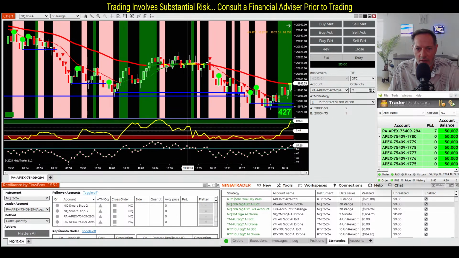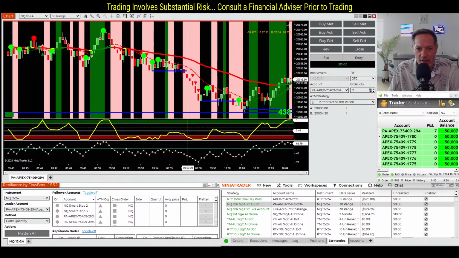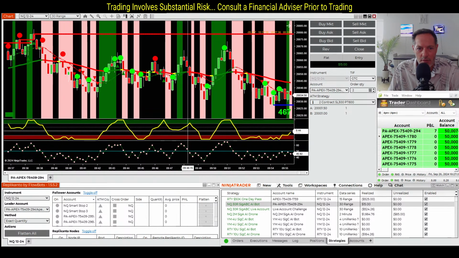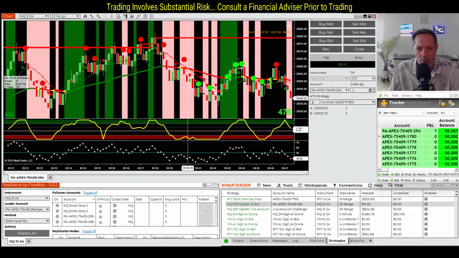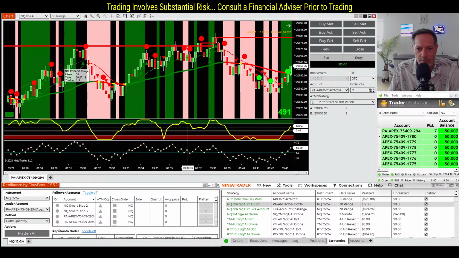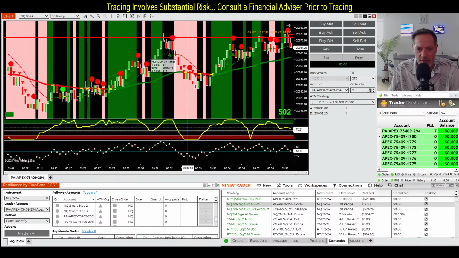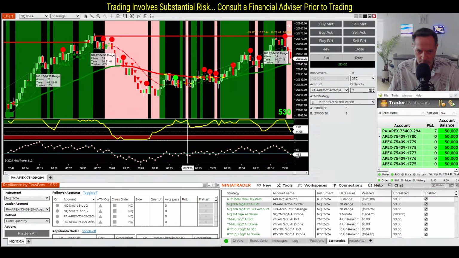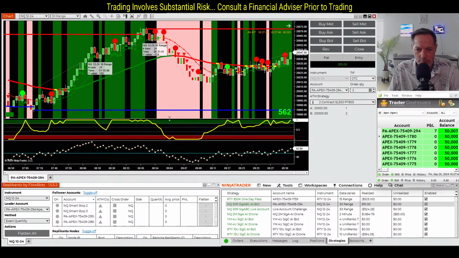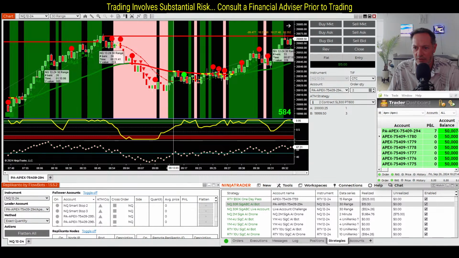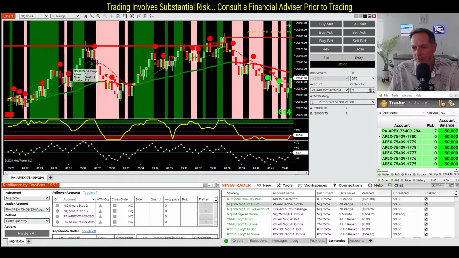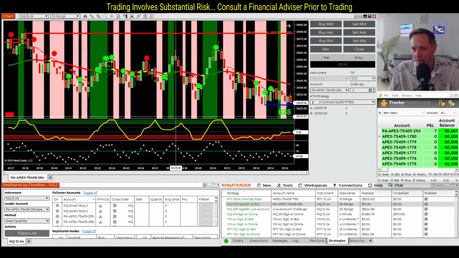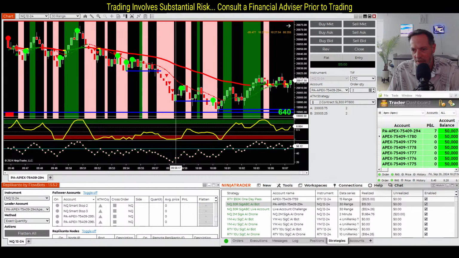Now we can cruise back here and see if we see any crosses where we had enough movement on a second chart to actually enter. I don't see any, so maybe that's a little bit too much. 40 might be too many to even catch a move.